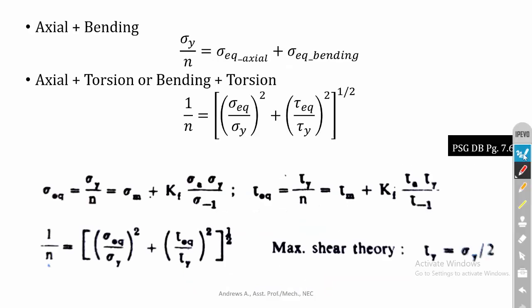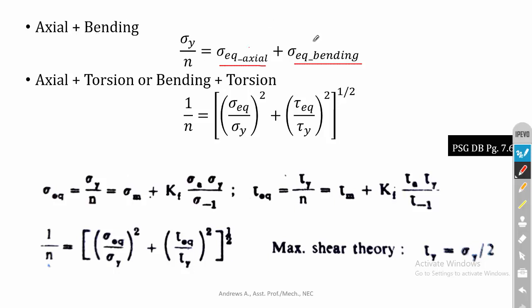Now if we have axial and bending combination, then initially we have to calculate the equivalent stress for axial using the formula which I have shown, and then the equivalent stress for bending. So further we have to add these two equivalent stresses, then equate this to sigma y divided by n to find the diameter.